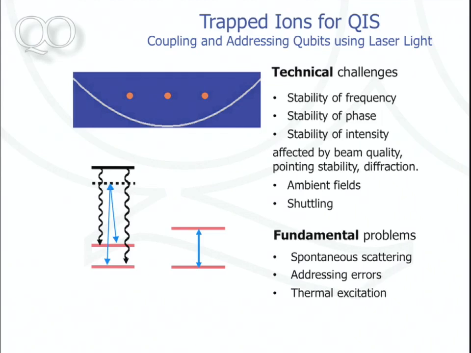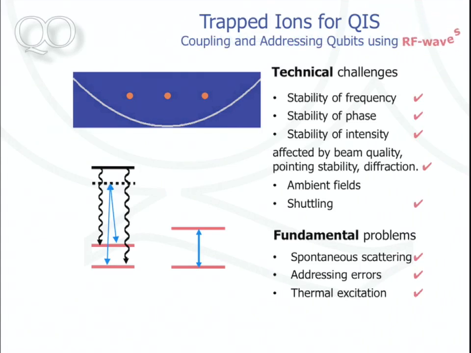Addressing errors are usually appreciable, and you usually have to cool down close to the motional ground state of your trapped ions. Okay, so this is motivation to use microwave radiation instead of laser light, and then most of these problems are solved, or to a good degree solved. Some of them are not solved.